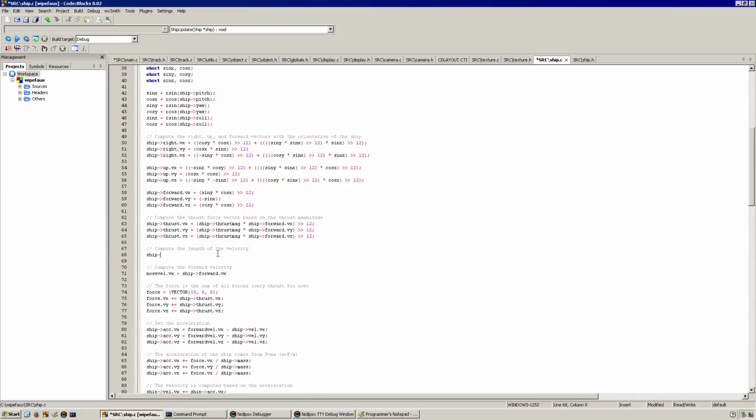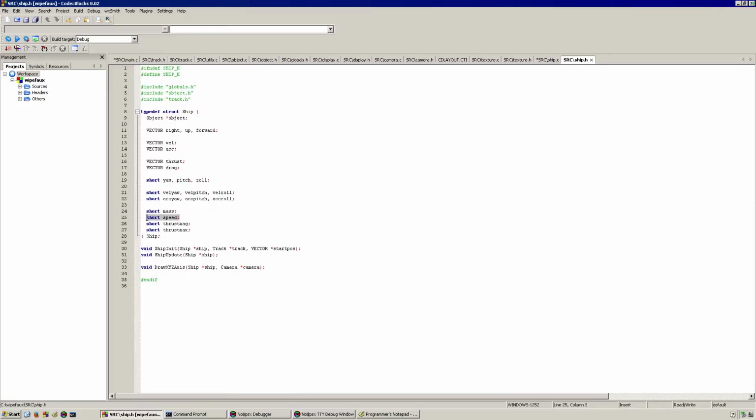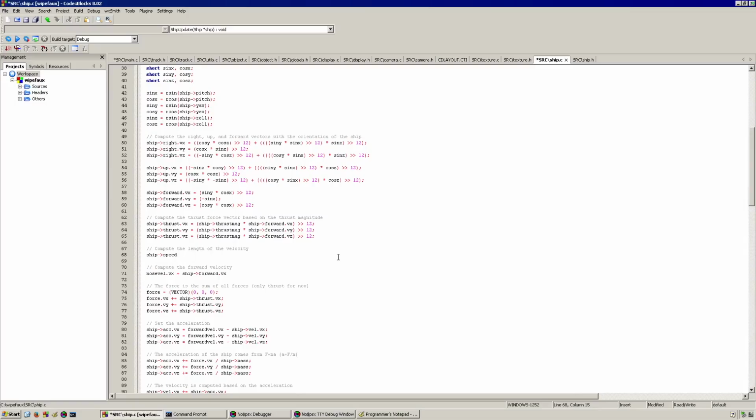I think we do have the current magnitude, the intensity, the current speed. We have the ship speed. I think we declared speed in ship.h. Yes, we did. So we do have this instantaneous velocity value, so I can use this ship.speed.